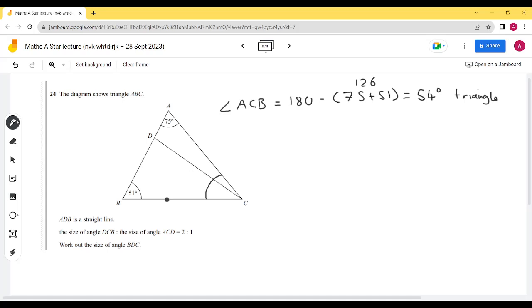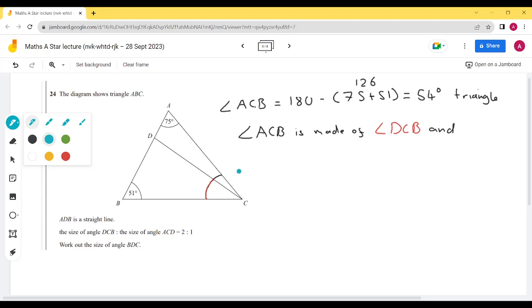And this is made up of, so angle ACB is made of two angles underneath. We've got angle DCB, and also we've got a top angle, which is ACD.